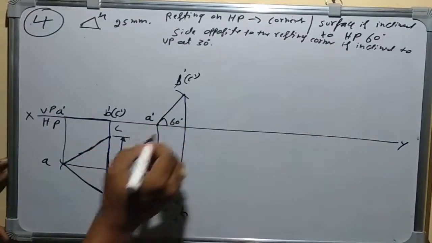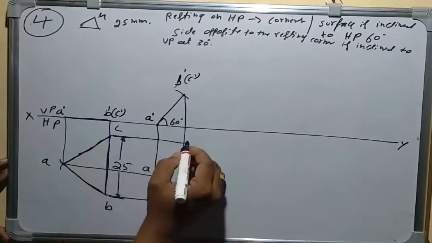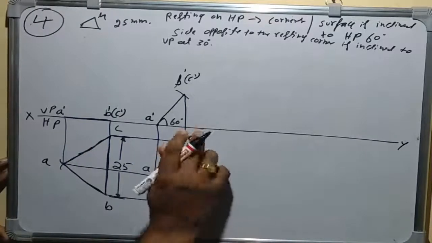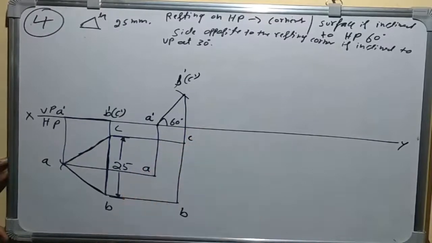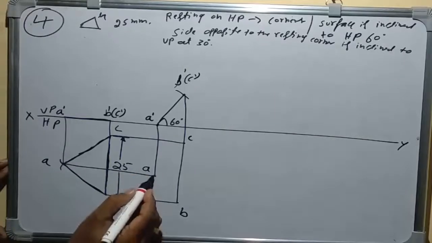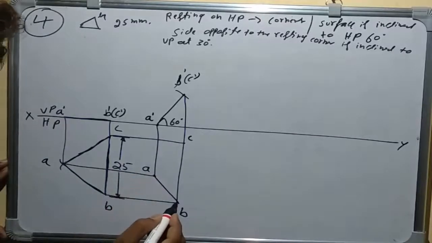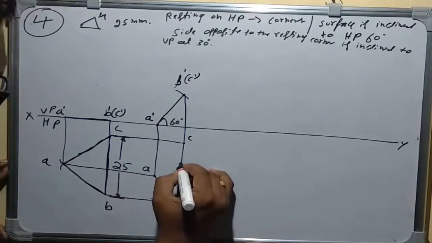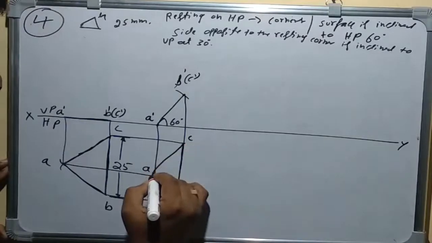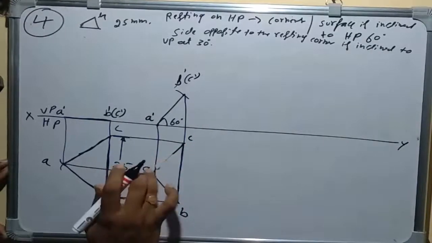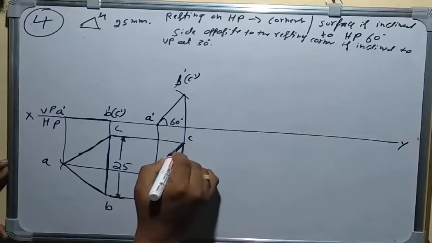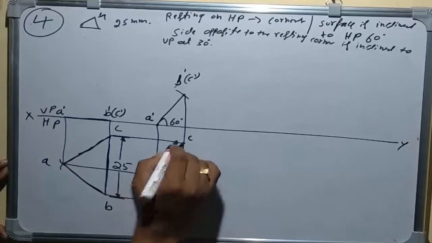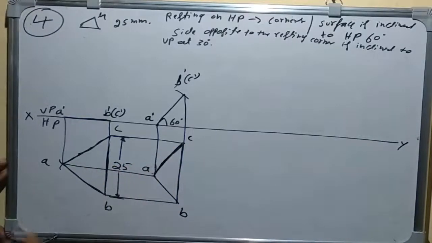Then C dash, we get C here only. A, B, C we got it. Then you can join it, A to B, B to C, and back to A. So like this the second step we got it.